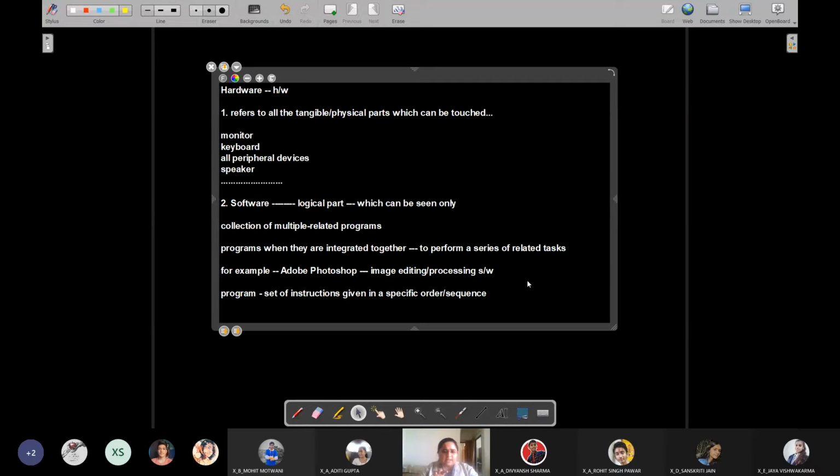You might have seen a toolbox and various menus, and they contain various commands. Each of the commands and tools is a program in itself, and they all are doing work related to images, that is, related tasks.